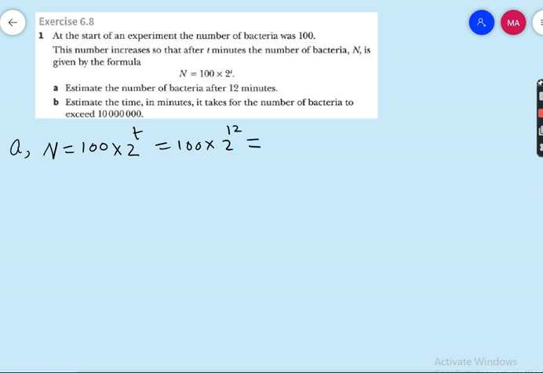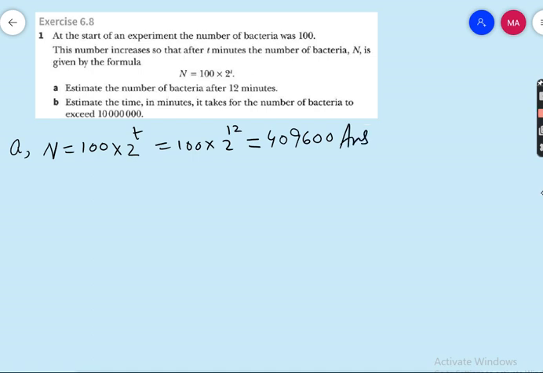Now by using a scientific calculator, we can easily find the value of n. Here I have found the answer using the scientific calculator: 409,600.